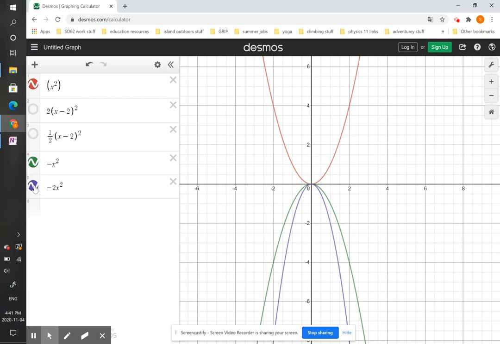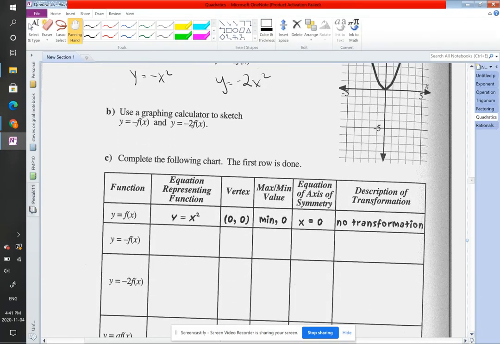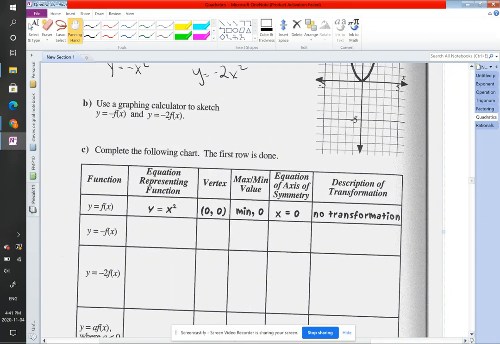So let's go back to the notes here. Let's fill this out. So we have the first one is y is equal to negative x squared. Our vertex is still at 0, 0.